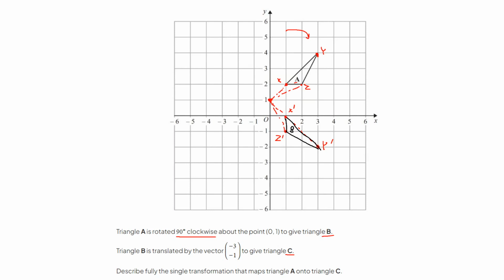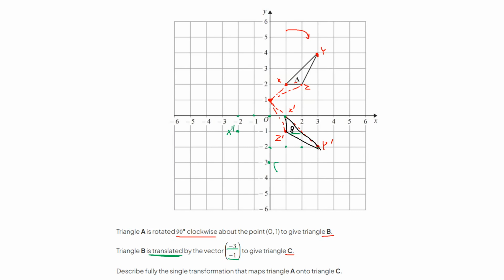Now, we need to do the same thing for triangle B to triangle C, only this time it's translated -3, -1. So if you look at X prime, it needs to go 1, 2, 3 to the left, and 1 down. So this is going to be X2 prime. Y is going to go 1, 2, 3 to the left, and 1 down.